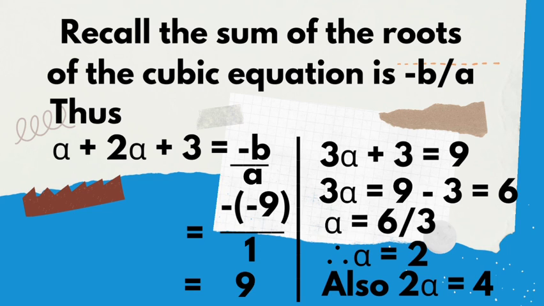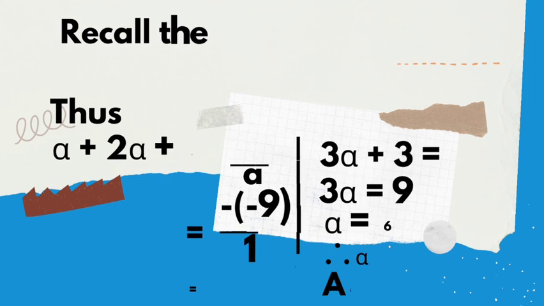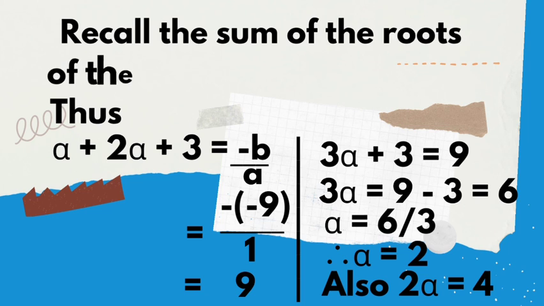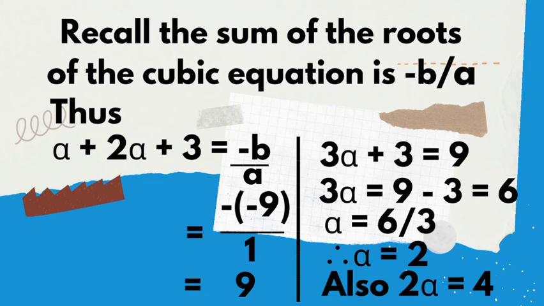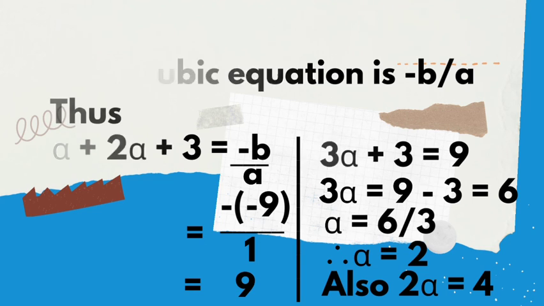So therefore it means alpha plus 2 alpha, that is 3 alpha. So 3 alpha plus 3 is equal to 9. 3 alpha is equal to 9 minus 3, which is 6. Making alpha the subject of the formula, you have alpha is equal to 6 over 3, and alpha is therefore 2. Since we are looking for twice of alpha as one of the roots, so 2 times 2 gives us 4, which means that the roots are 2, 4, and 3.